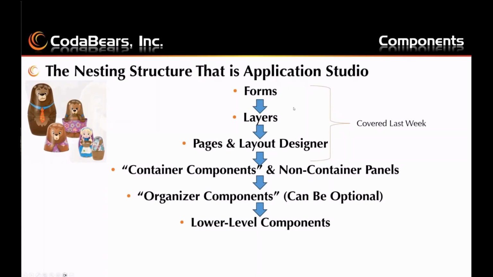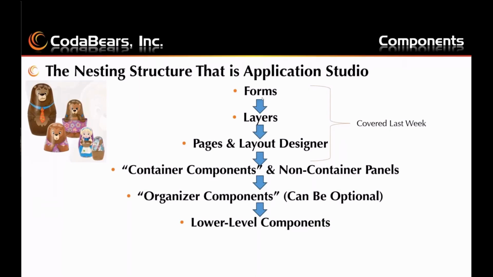So forms, once again, are those entries, those tracker screens, like customer entry, order entry, job tracker, all of those are called forms. You customize those by going to that form, clicking on the overflow menu, going to Application Studio, and then creating your own layer. We talked about that last week. Then within that layer, you have those pages that you can choose from. Once again, we talked about that last week.